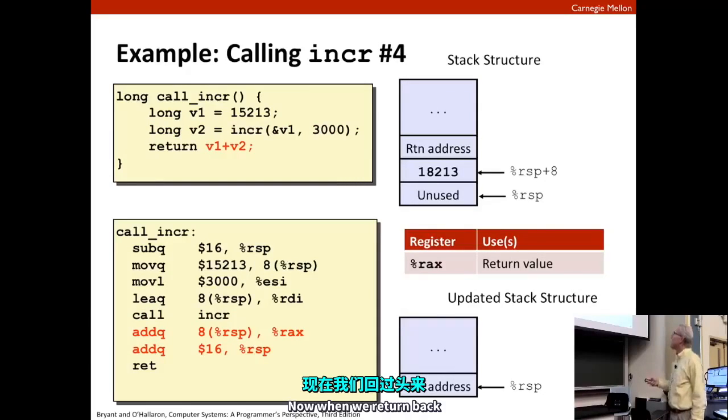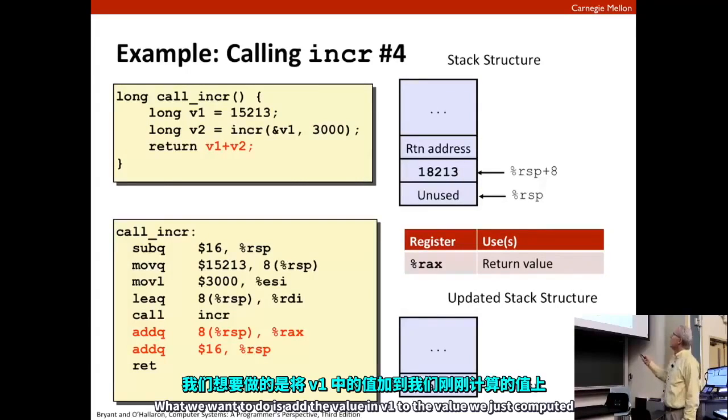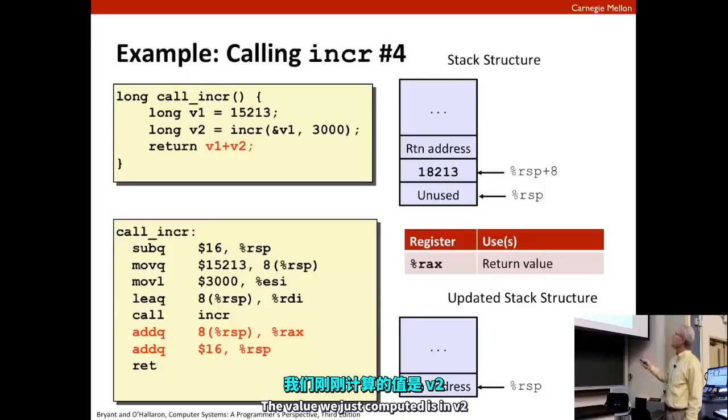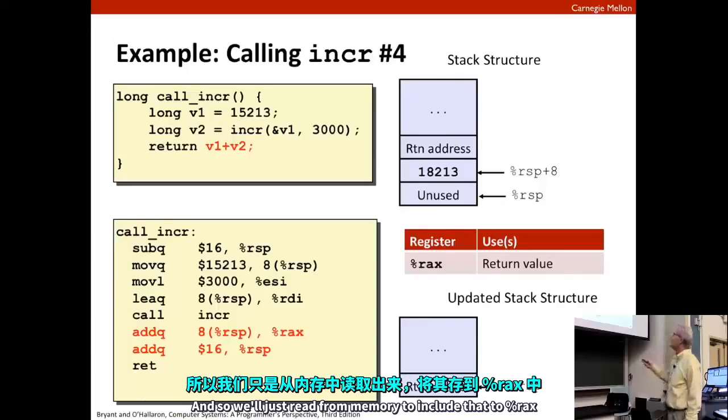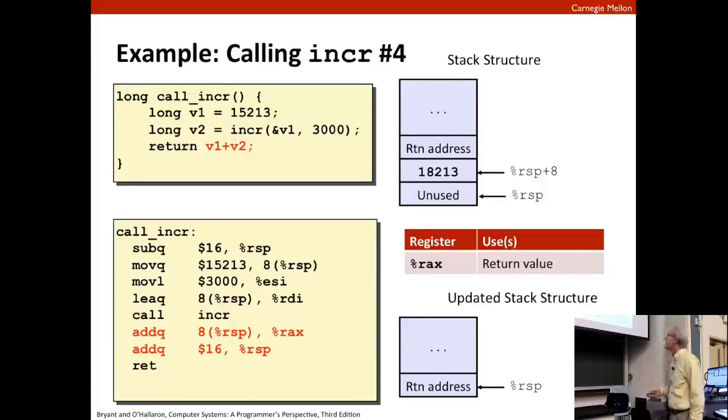Now when we return back, what we want to do is add the value in V1 to the value we just computed. The value we just computed is in V2, and we know that V1 is designated by this memory location at RSP plus 8, and so it will just read from memory and add that to RAX.